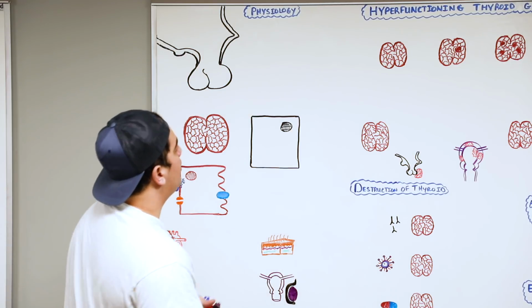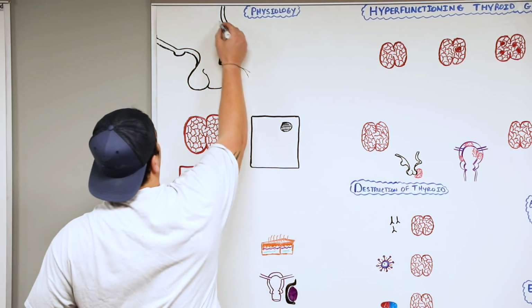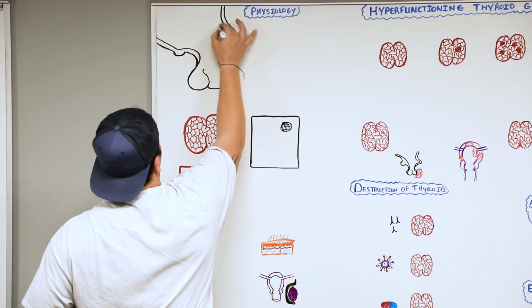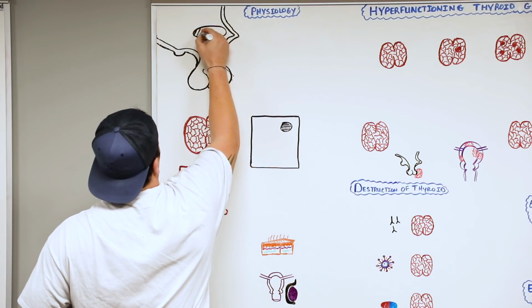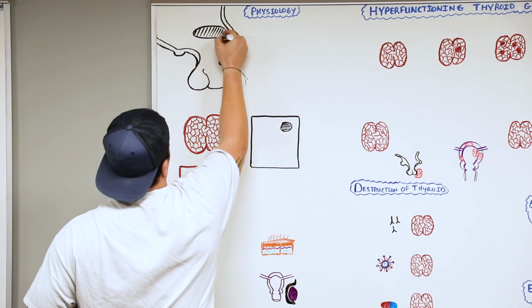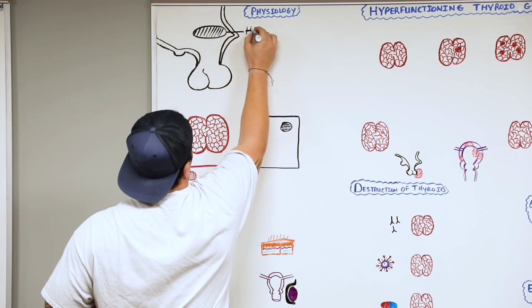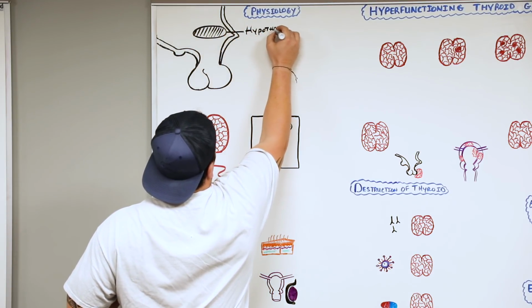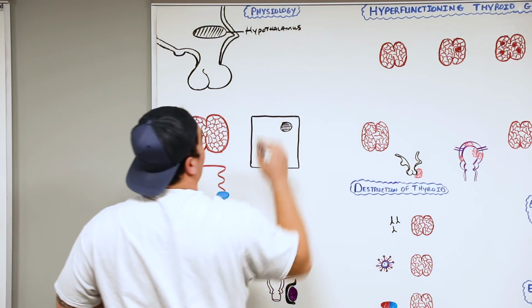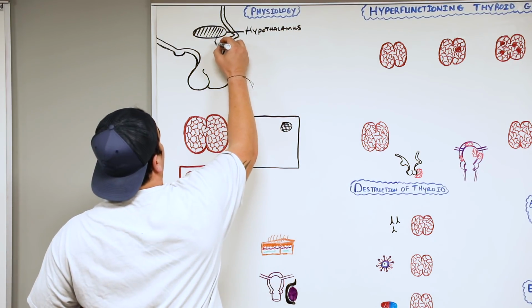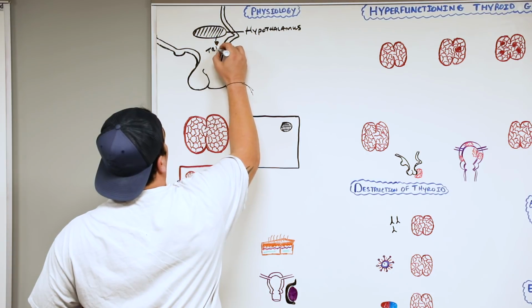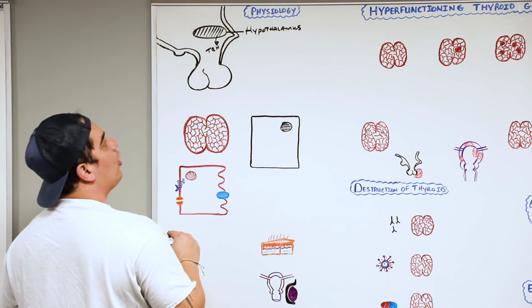The first part of thyroid hormone physiology begins in the central nervous system, in a particular area referred to as the hypothalamus. The hypothalamus is kind of your master endocrine regulator, and it releases a hormone called thyrotropin releasing hormone, also known as TRH.